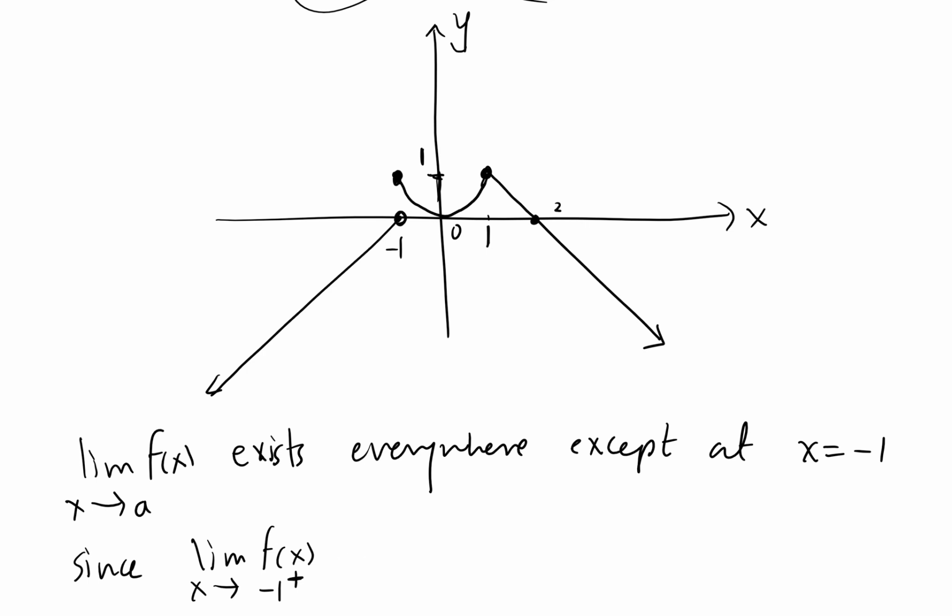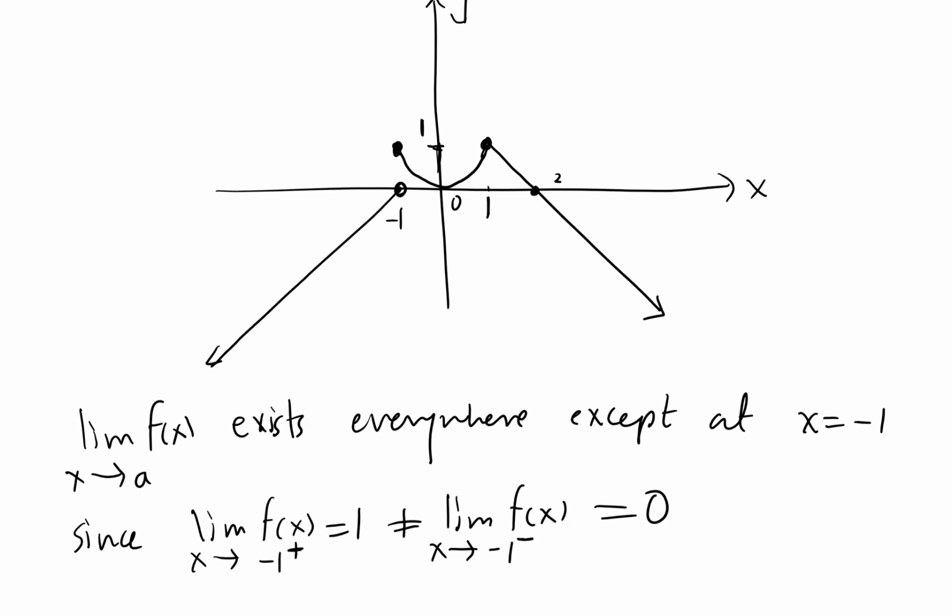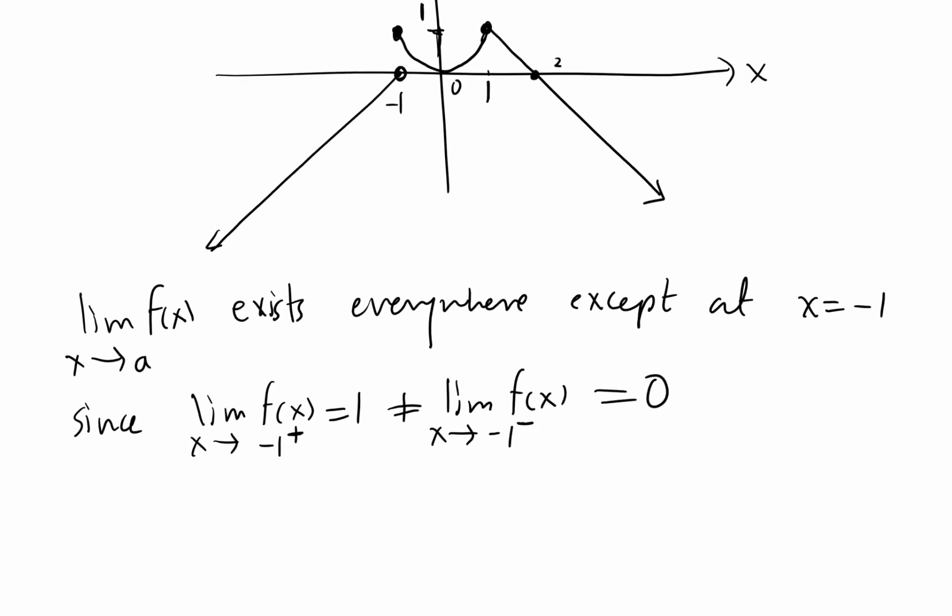From the right side it is 1, but that's not going to equal the limit of f of x as x approaches -1 from the left, which is 0. So at x equals -1, when you approach it from the right side, it goes up to 1. But when you approach from the left side, it goes to 0.